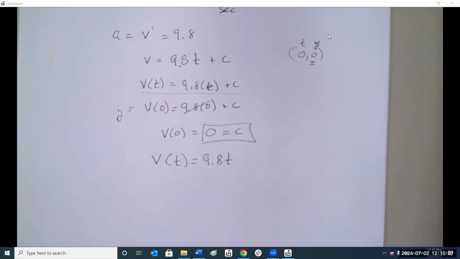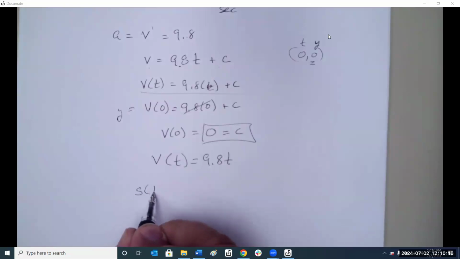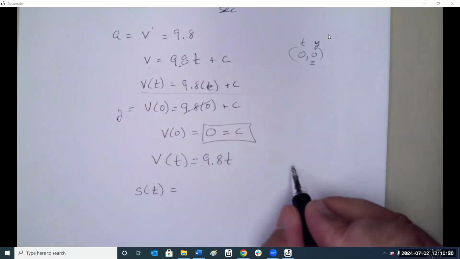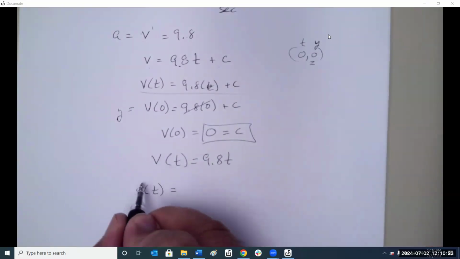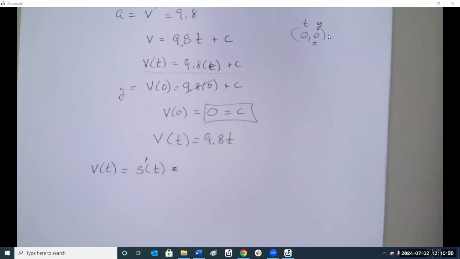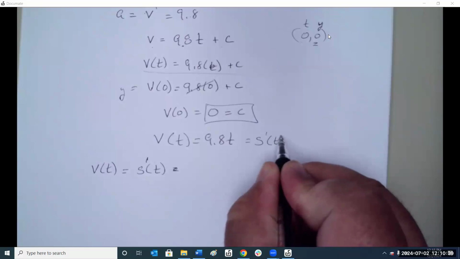How do we find a position function? Remember, the first derivative of the position function is your velocity. So this equals my first derivative.